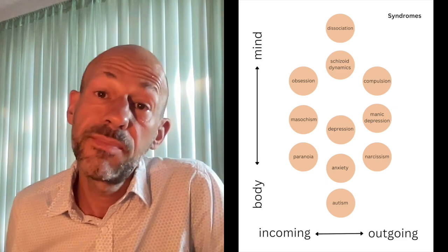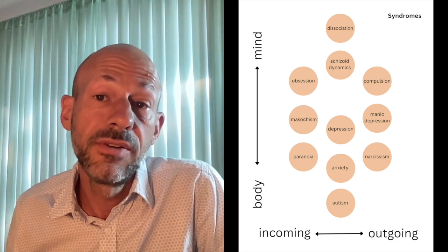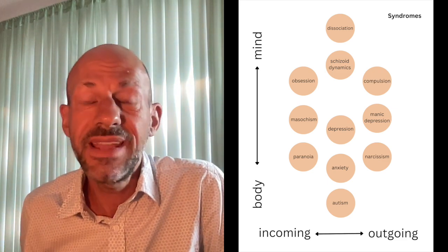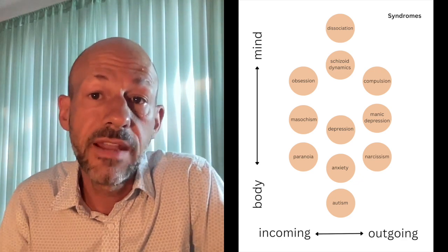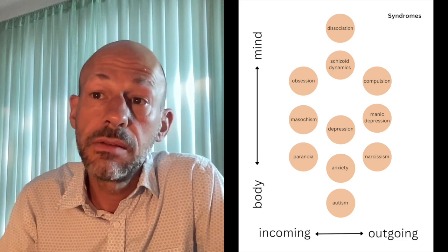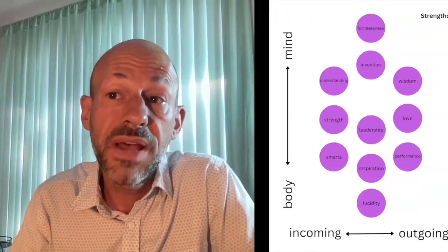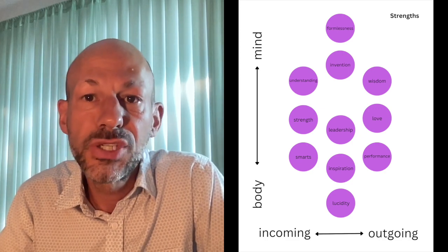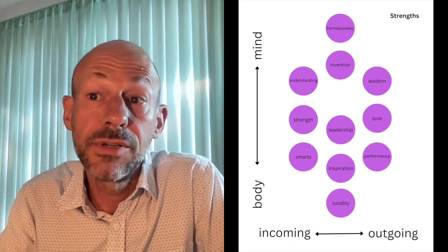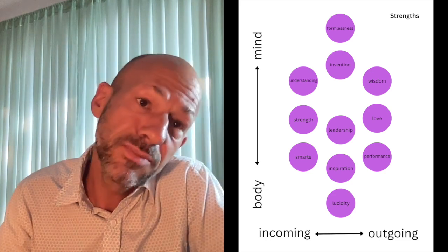And this ends up being a way to understand human character. Here it's from the pathological side of things, but you can also then look at the positive side of things. And so here you see the basic strengths of human character that are associated with those symptoms on the negative side.